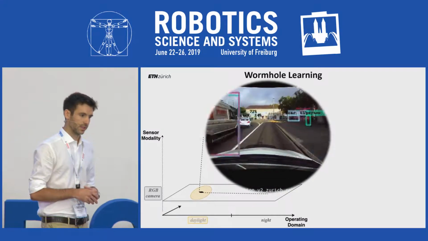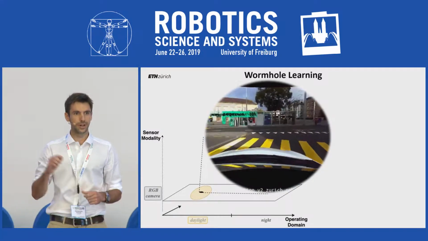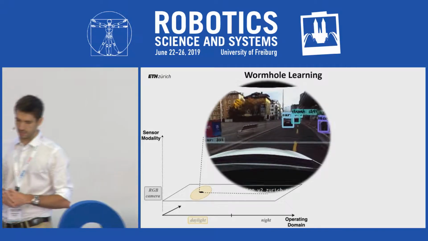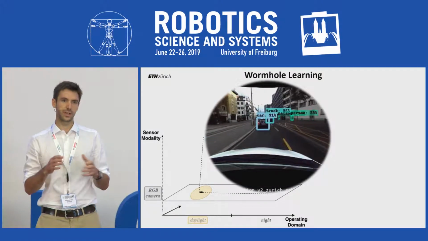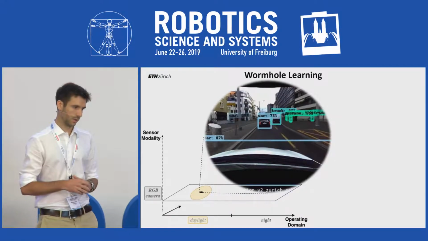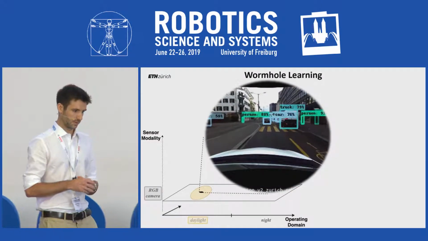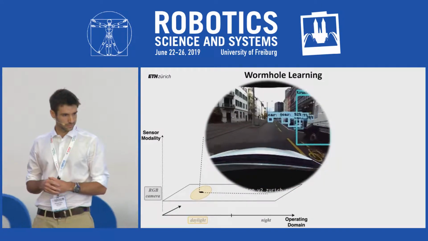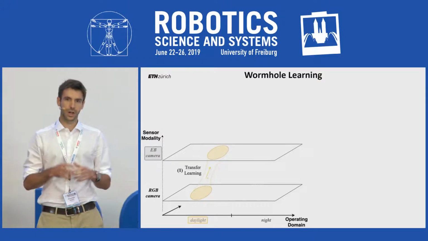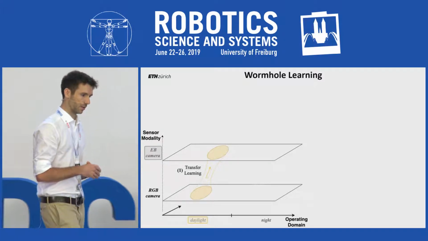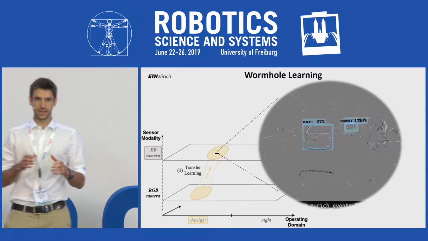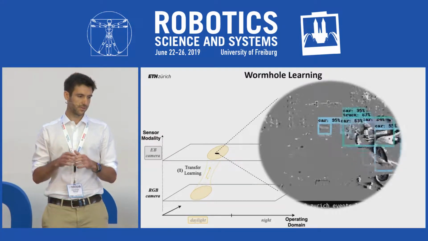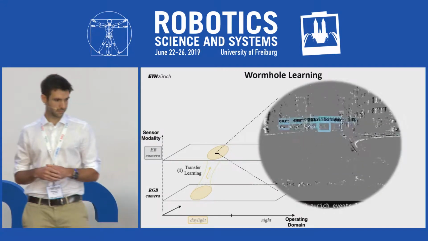In order to achieve this, we do a little trick. We first switch domain, and we go to a domain which is inherently almost invariant to illumination, in this case, the event-based domain. So we train an event-based detector with the event stream and the inference from the RGB detector.